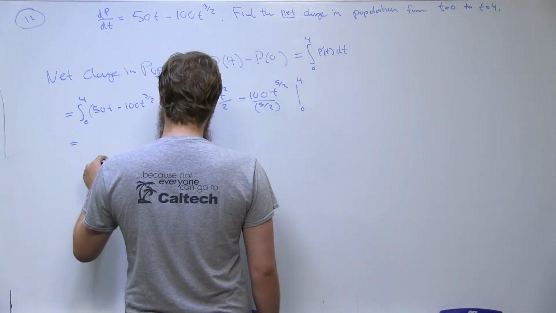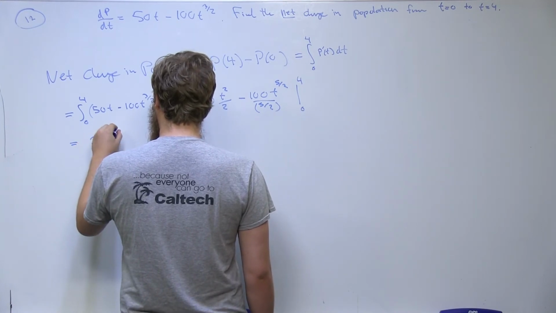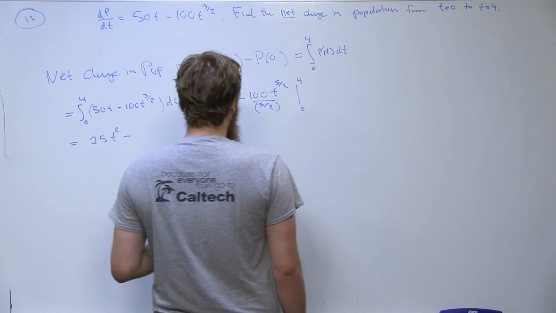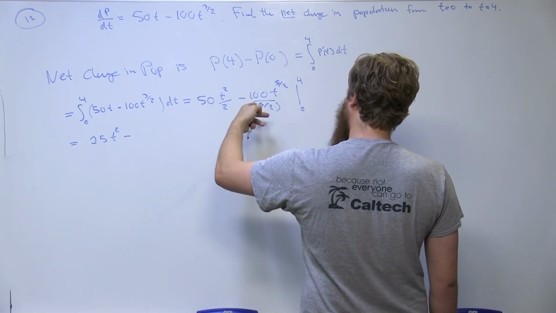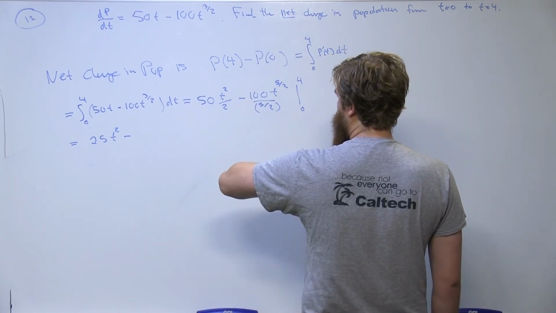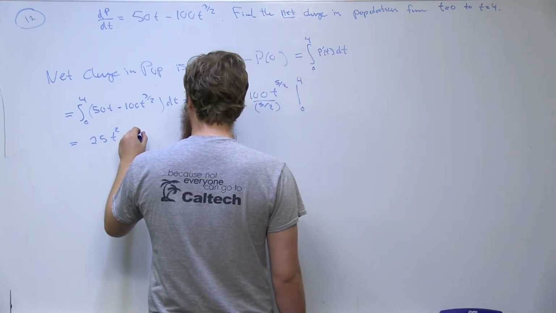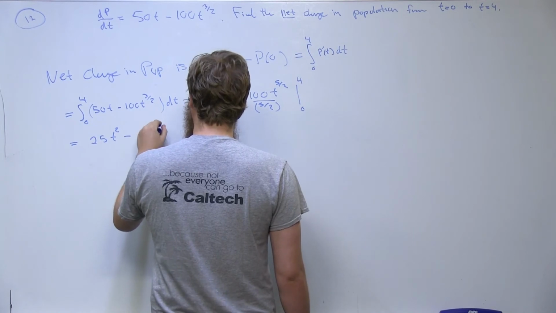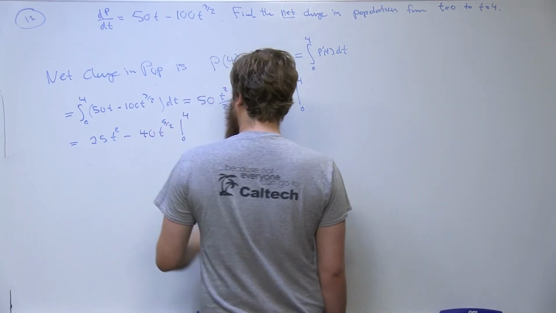Now those can be simplified. 50 divided by 2 is 25. Minus, now I've got 100 divided by 5 halves. So that's 100 times 2/5. 100 divided by 5 is 20, times 2 is 40. So minus 40 t to the 5 halves. And again, evaluating between 0 and 4.